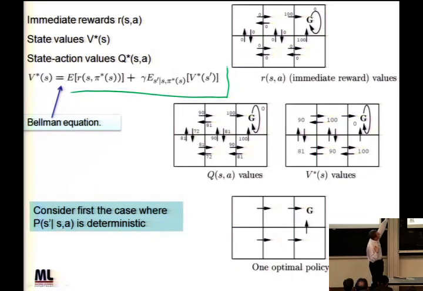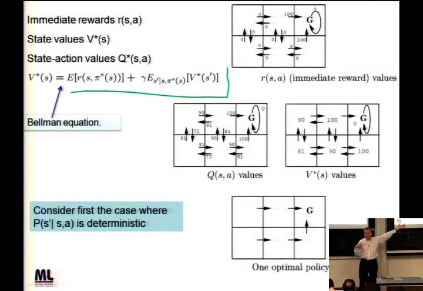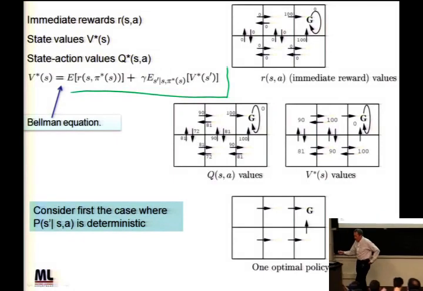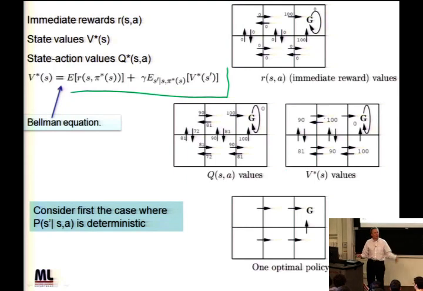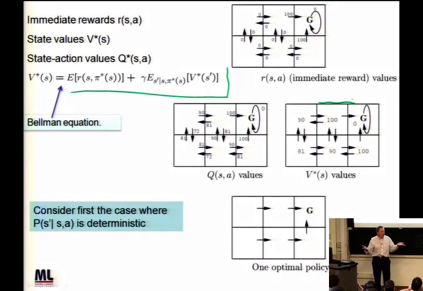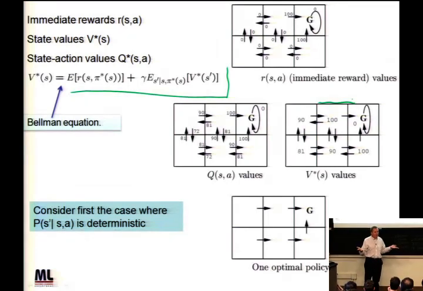And so if we can learn that evaluation function V, then we can use it together with our ability to predict what state we'll end up in if we do action 1 versus 2 to choose whether we'd like to take action 1 or 2.